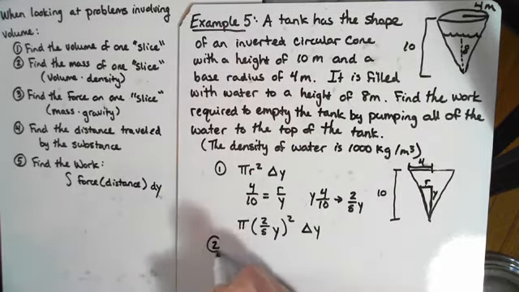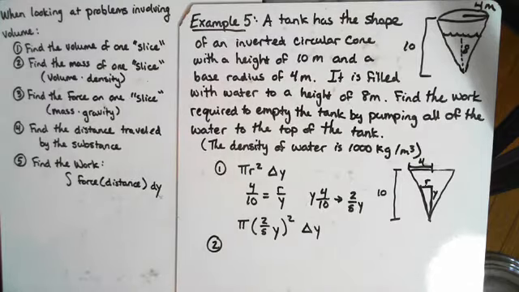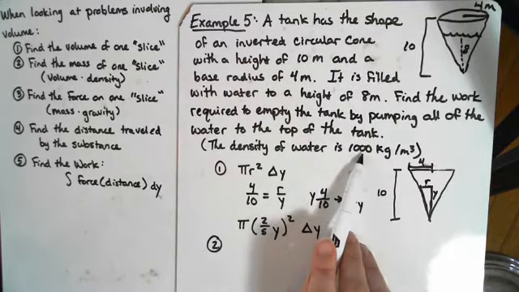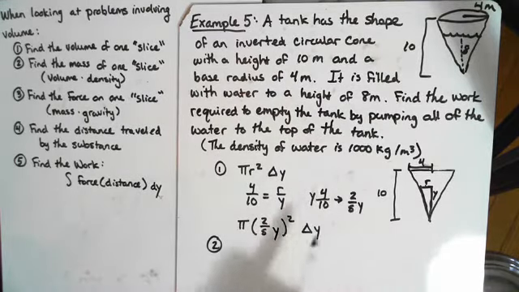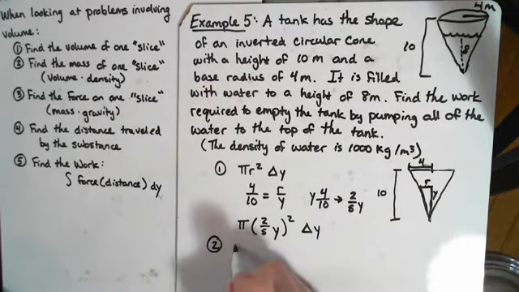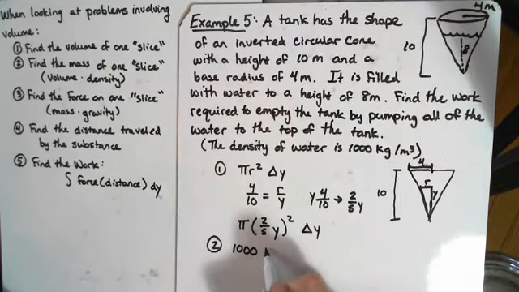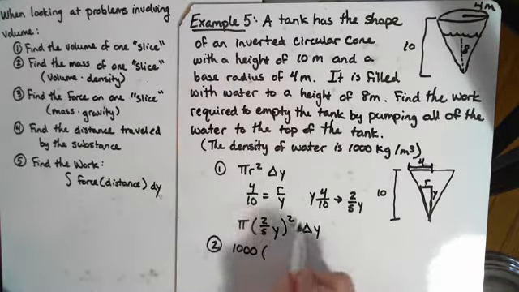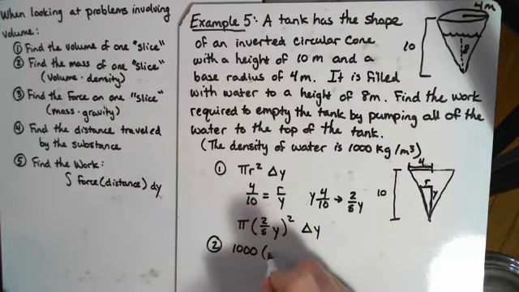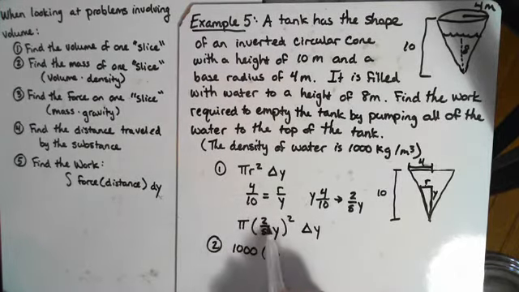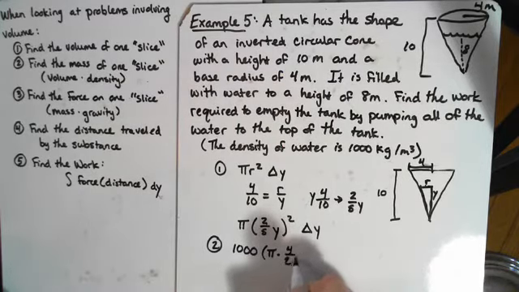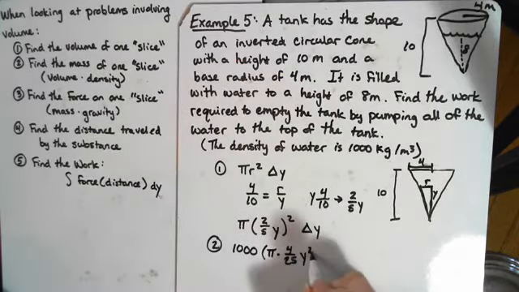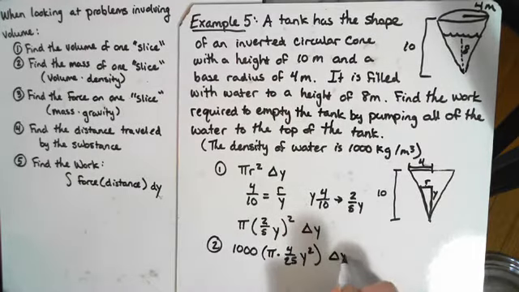Step 2, I need the mass of one slice. And that's the volume, which I just got, times the density. And it said the density is 1,000. So I'm going to do 1,000 times pi times, if I square this, I get 4 over 25 y squared delta y.